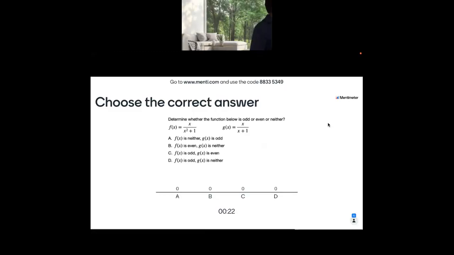Okay, 20, 19. After this, there is one slide just to write your student ID, to make sure you are doing this.